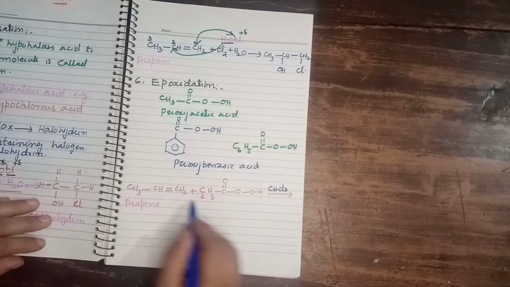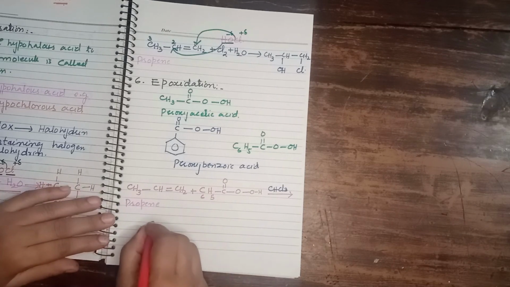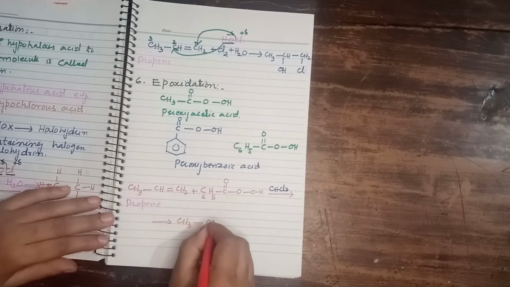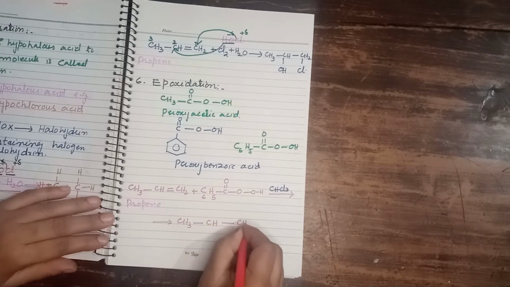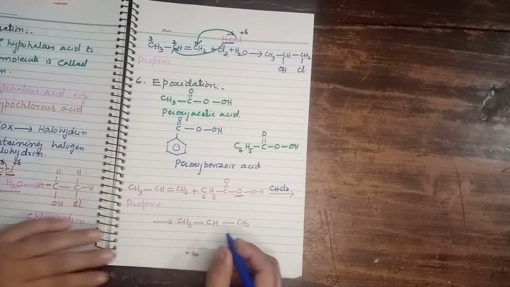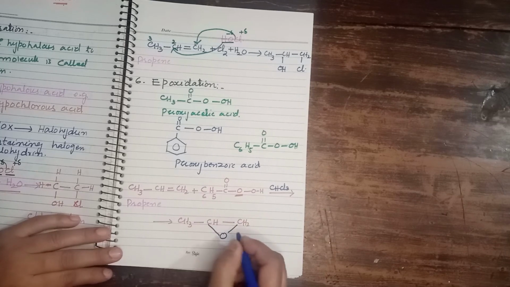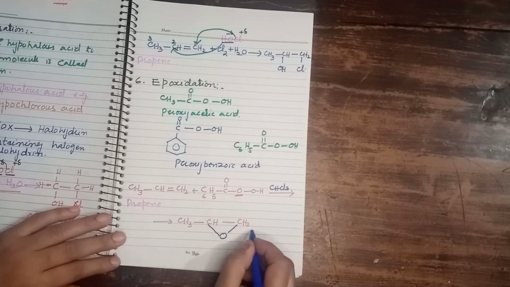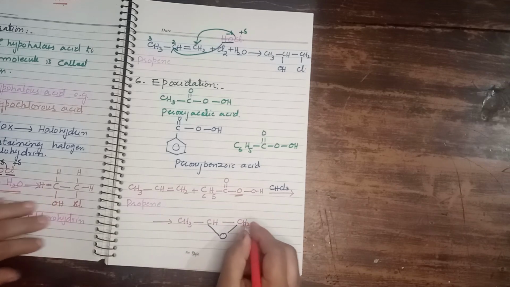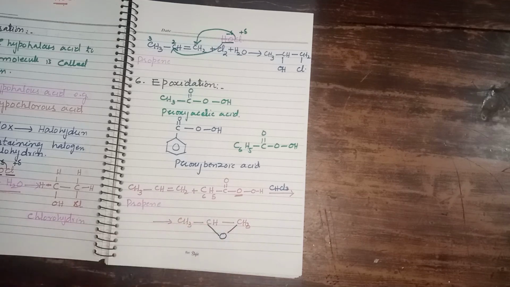So after this reaction we get the product CH3, CH2, right? Here this oxygen atom is removed from this molecule and it is added at the site of the double bond. This is the site of the double bond in the molecule. Here we have CH3.